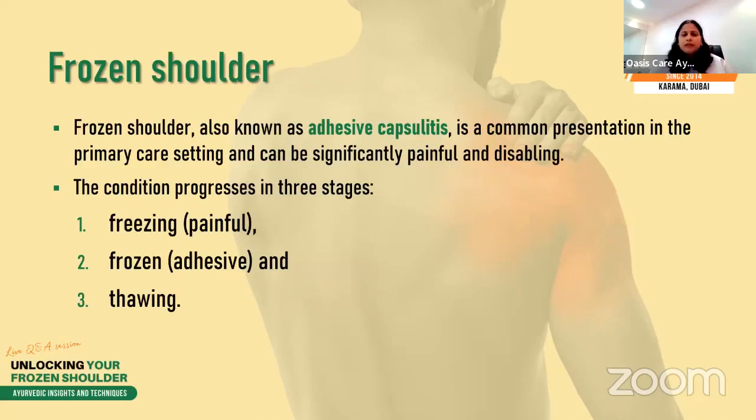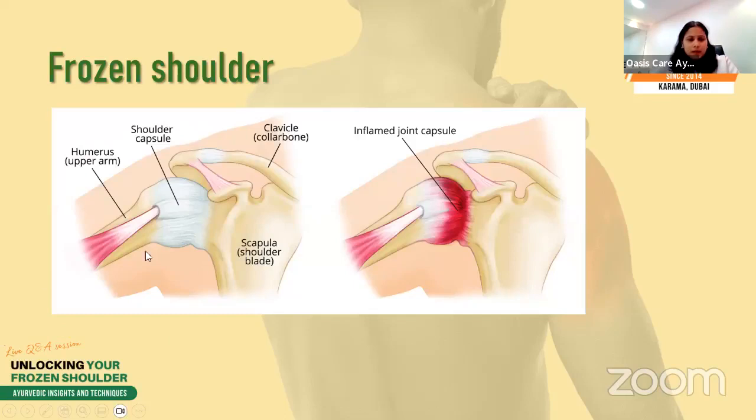Normally, patients tell us that they are not able to sleep at night and cannot perform their regular activities. Second is the frozen, adhesive stage. And third is the thawing stage. We will see it in a proper manner now.